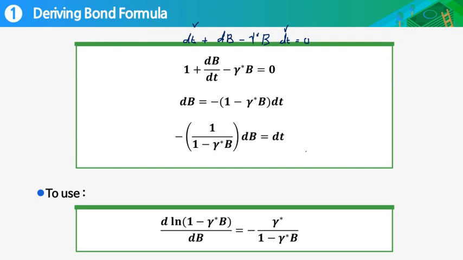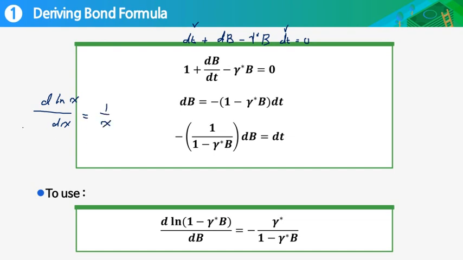Then how can we solve this one? Well, we want to simplify this one first, okay? And in order to simplify this one, we use this idea: d ln x over dx is 1 over x, right?